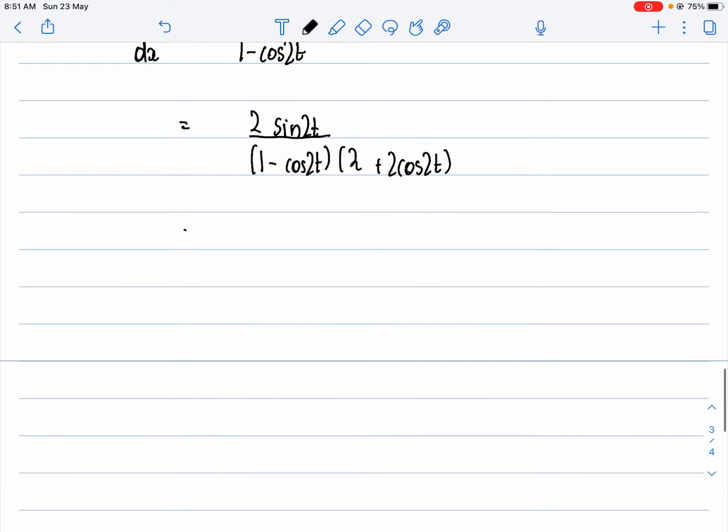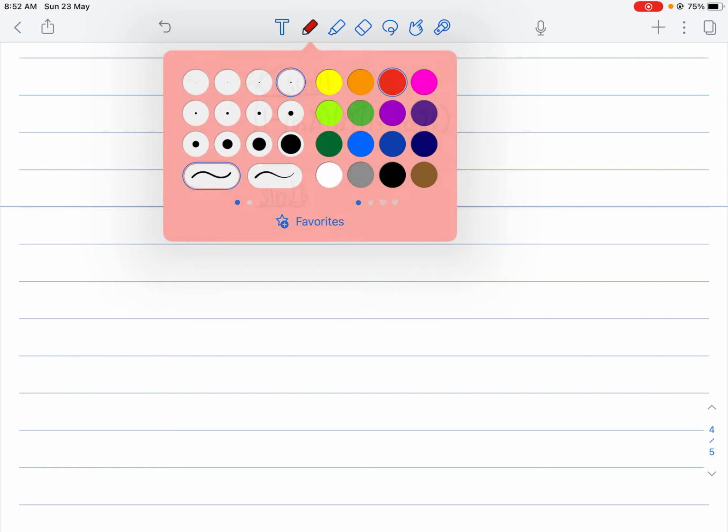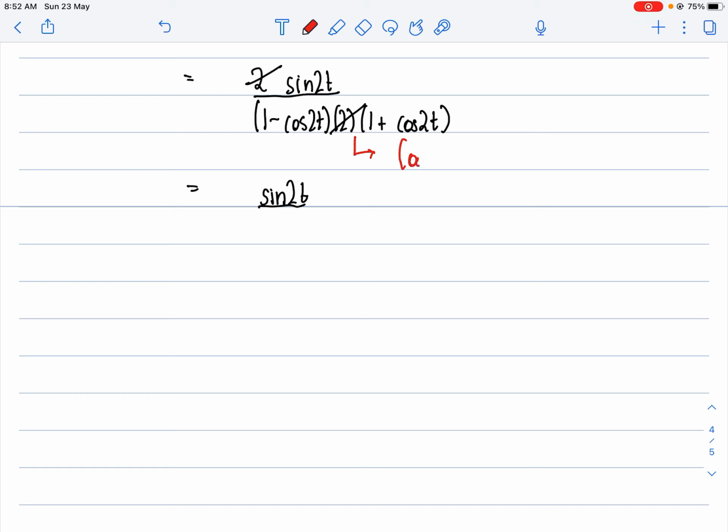Now I can write this as 2 sine 2t over, taking 2 common, 1 minus cos 2t multiplied by 2 multiplied by 1 plus cos 2t. I can cancel the 2 and 2 to get sine 2t over, and if you see, the denominator is now in the form of a plus b into a minus b, which can be written as a square minus b square.